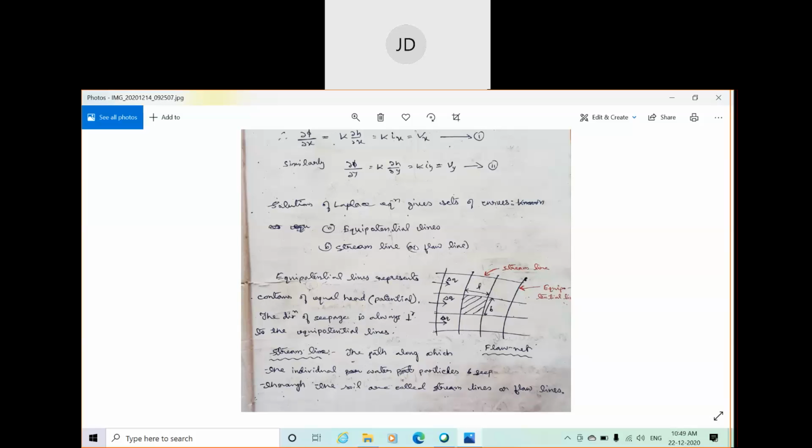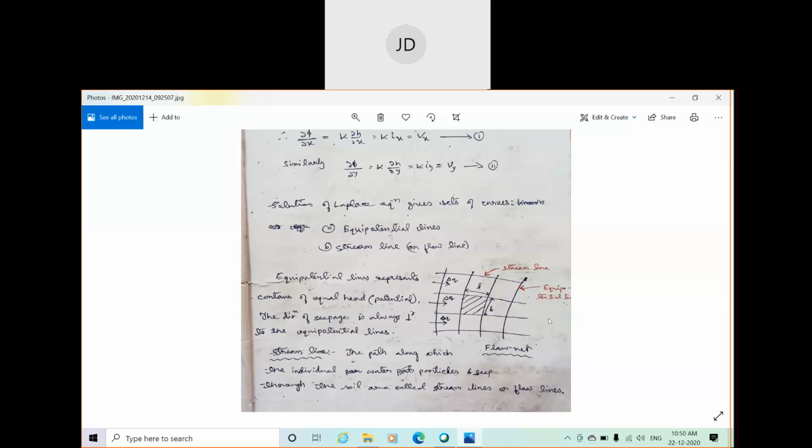And between these two tanks, what is the head difference? That is 10 minus 5, that is 5 meter. Because of this 5 meter head difference, the water flows from higher elevation to lower elevation.